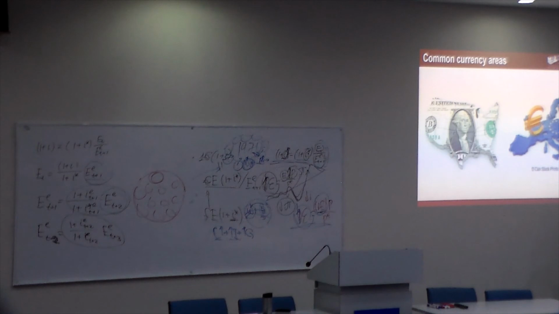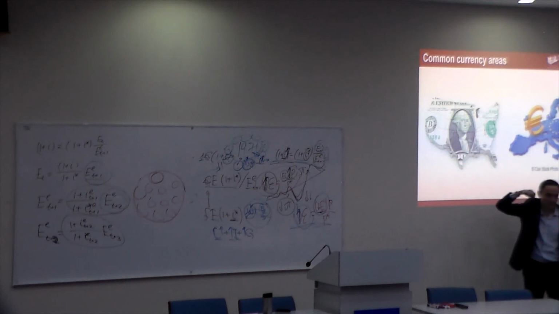What about labor mobility? Is there labor mobility among these nations? There is, but statistics show that there isn't. If there is a high recession in Spain, Spanish people could go to any European country, but people are not highly mobile. Both conditions are not met, so we can say it's not a common currency area.